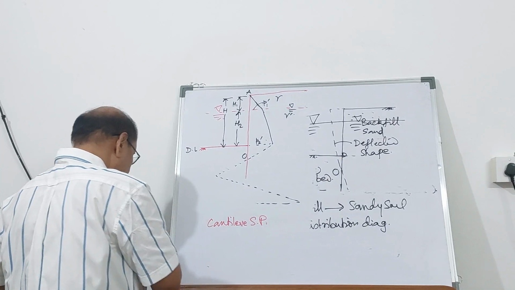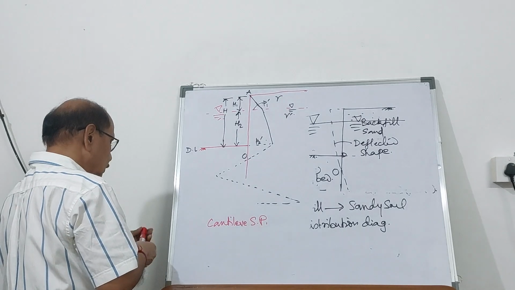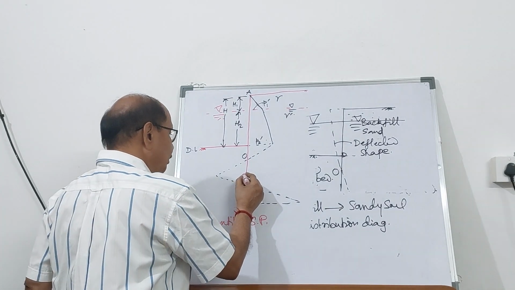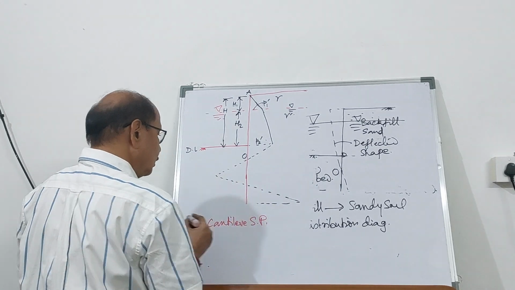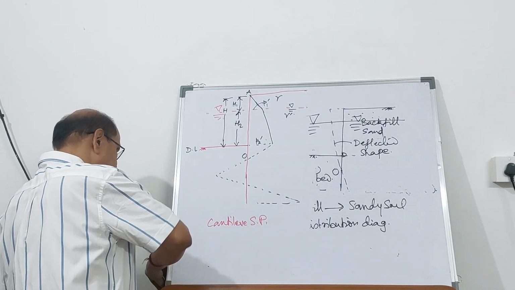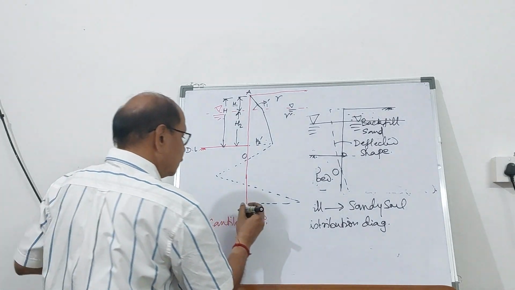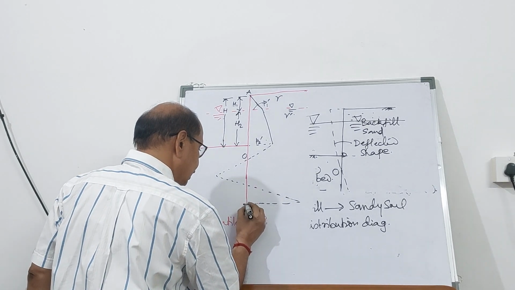So the pressure distribution diagram over the sheet pile can be drawn like this, and this is the pressure distribution diagram.